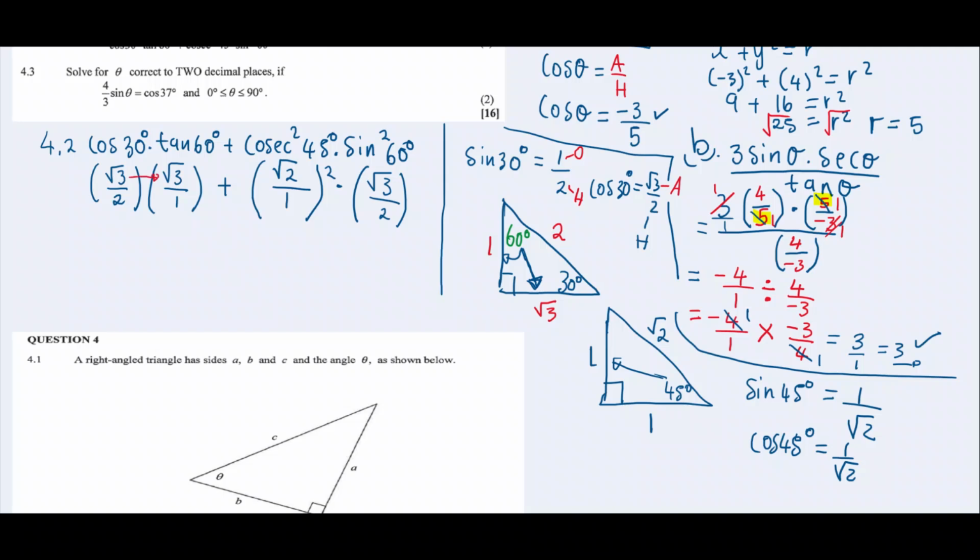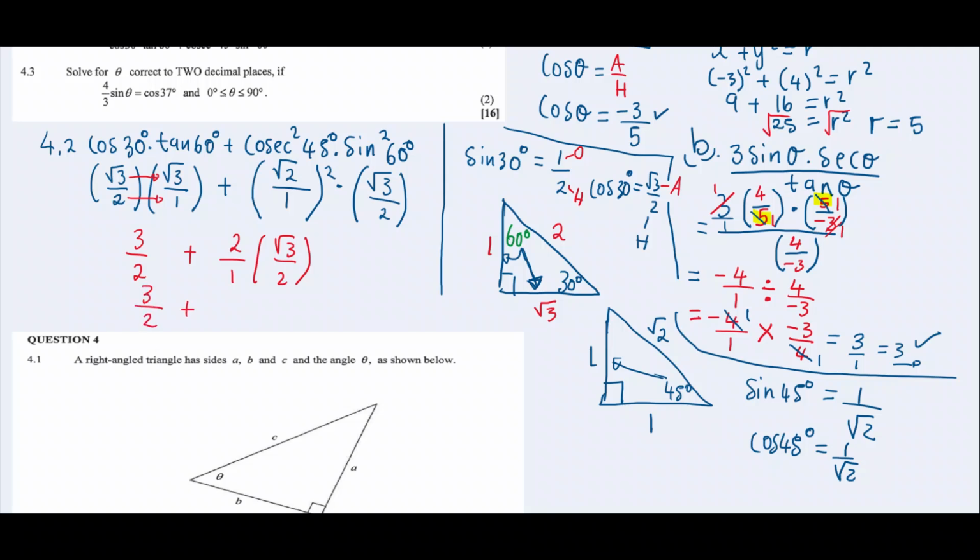So after this, we can just simplify this. How do we simplify this without using a calculator? Root 3 times root 3, 2 times 1. I will get 3 over 2 plus 2 over 1 times root 3 over 2.